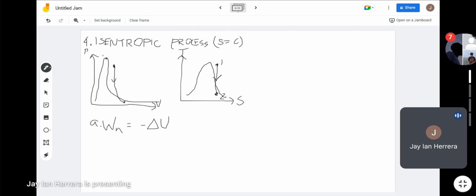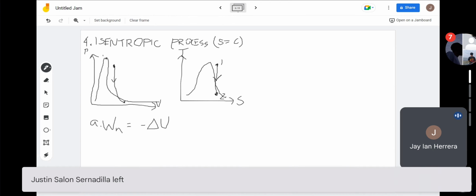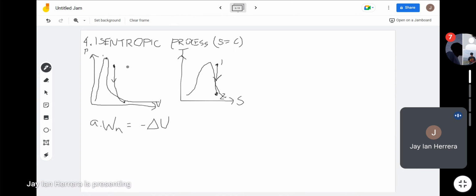For isentropic kasi, diba? Sabi natin, isentropic is constant entropy. So technically we're saying na wala ding heat na lumalabas, wala ding heat na pumapasok, or this is an isolated process or insulated process.